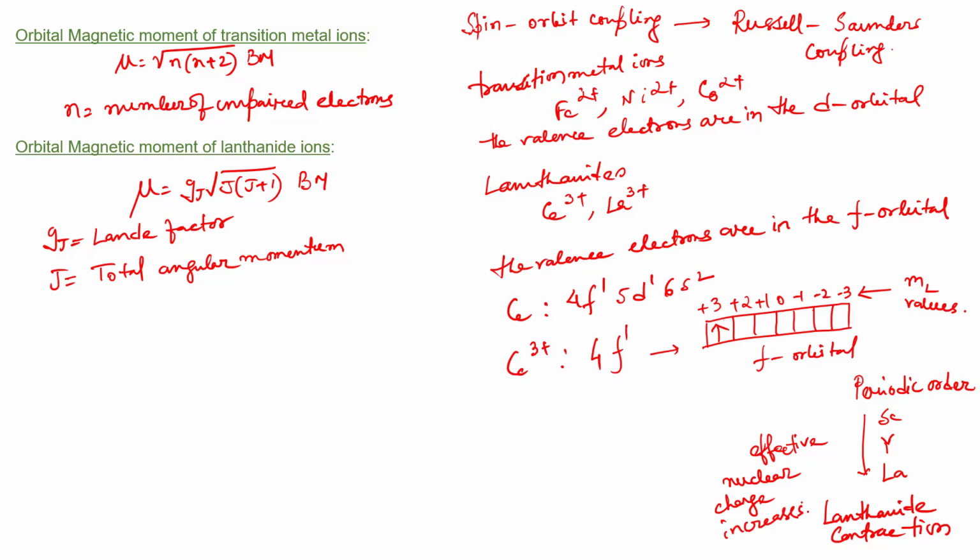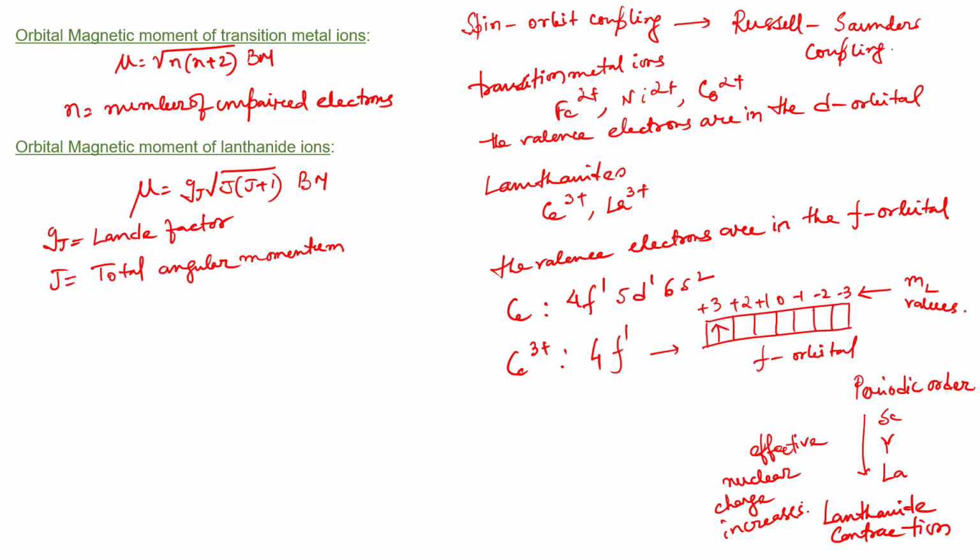Thus, the spin magnetic moment and orbital moment contribute to form the total magnetic moment on the lanthanide ion. But this is not the scenario in case of transition metal ions, since the d orbital is very much affected by the ligand. Thus, there is a difference in the magnetic moment calculation between transition metal ions and lanthanide ions.